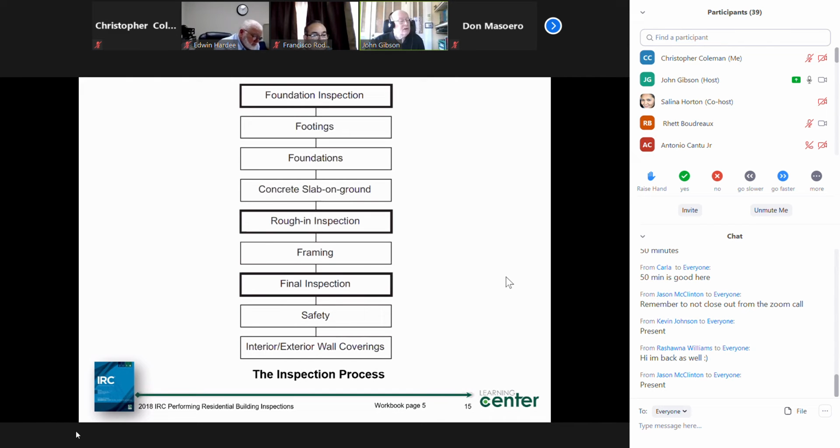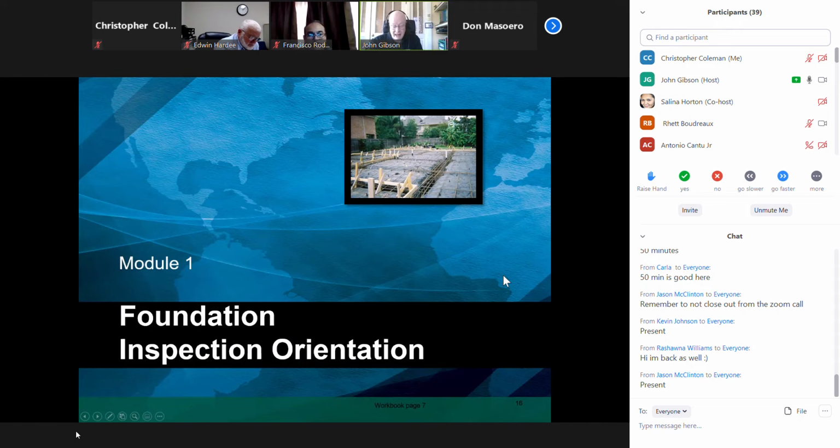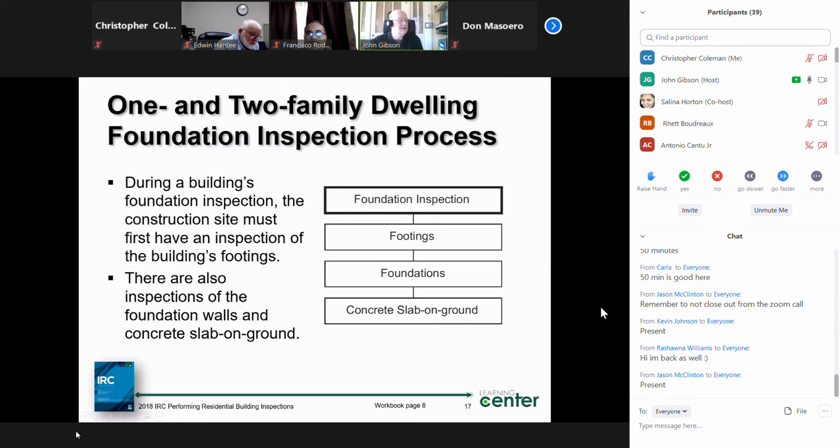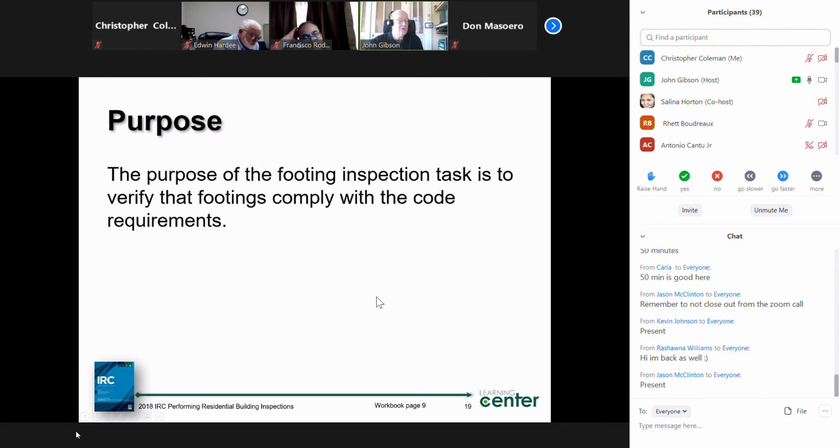So let's go to the first one. We're going to start with that foundation inspection. As I said, it includes footings, foundations, and this idea of slab on grades. So we start with the footing inspection. Now it'll give you in the beginning an objective, and it's going to tell me how we're going to break this into subtrades.